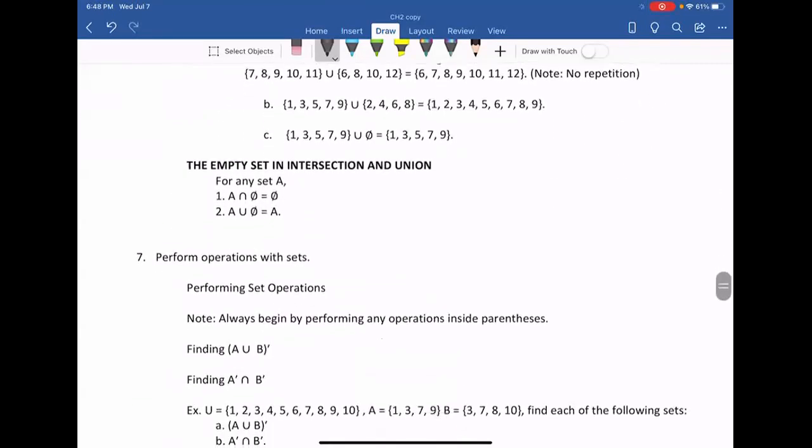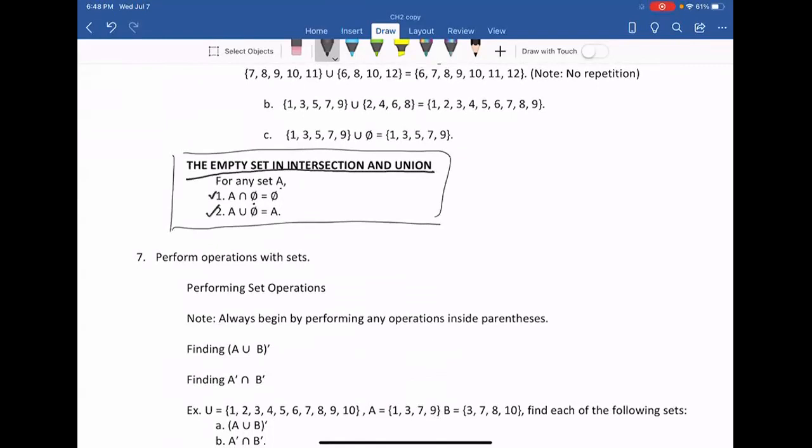Okay, let's move on. Here, the empty set in the intersection and union. This one is important. For any set A, the first one, A intersect the empty set is the empty set phi.